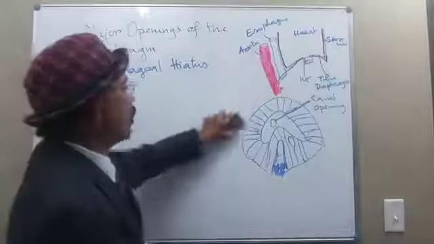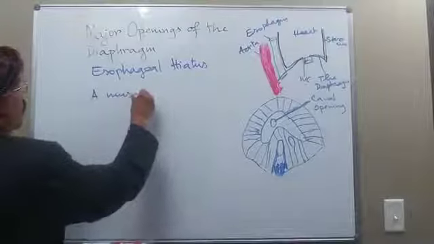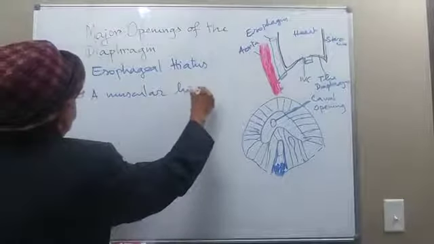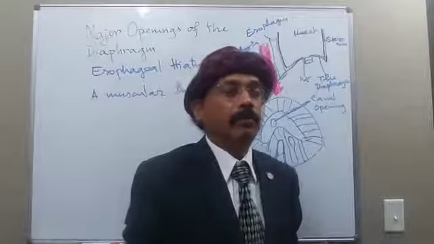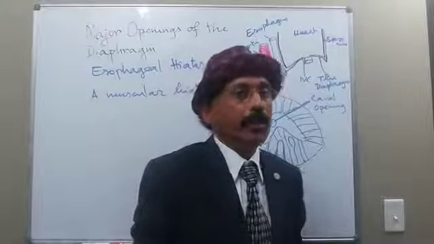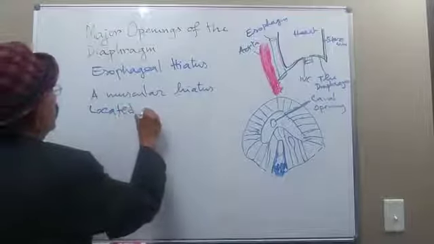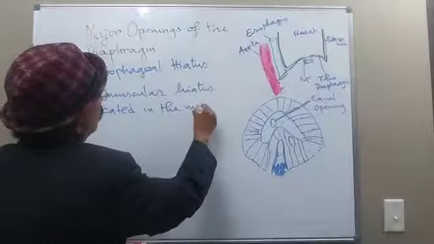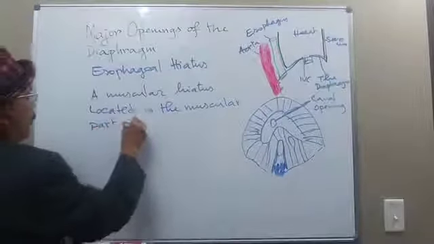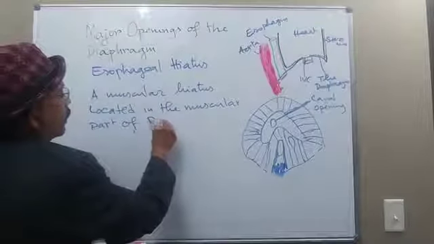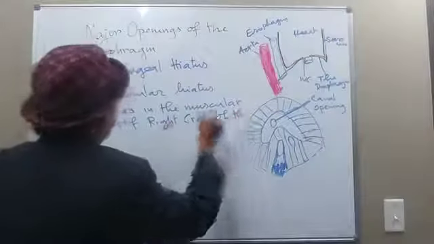Now, esophageal hiatus is what type of hiatus? This is a muscular hiatus. It is located in the muscular part of the right crus of the diaphragm.